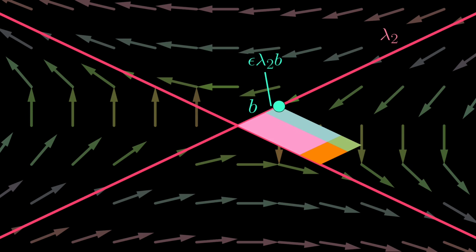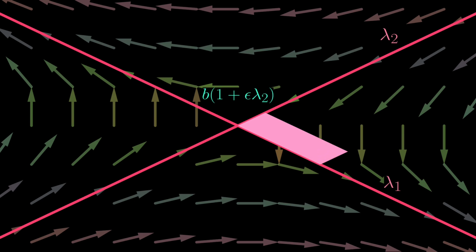In this illustration, lambda2 is negative, so the so-called extra length is actually length lost. So after a short time epsilon, the length along this lambda2 line would be b times (1 plus epsilon lambda2), and similarly the length along the lambda1 line would be a times (1 plus epsilon lambda1).